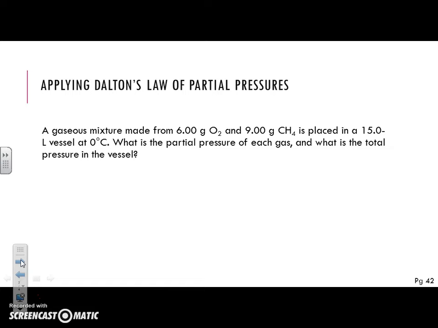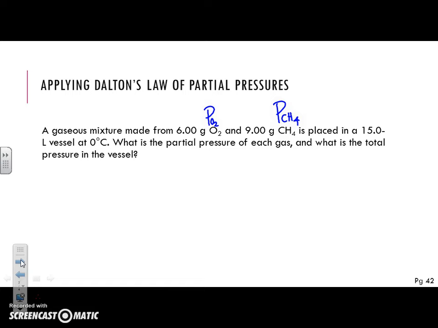So we want to know the pressure of oxygen, and we want to know the pressure of methane. And then, once we have those two partial pressures, we can add them up to get the total pressure of the vessel.